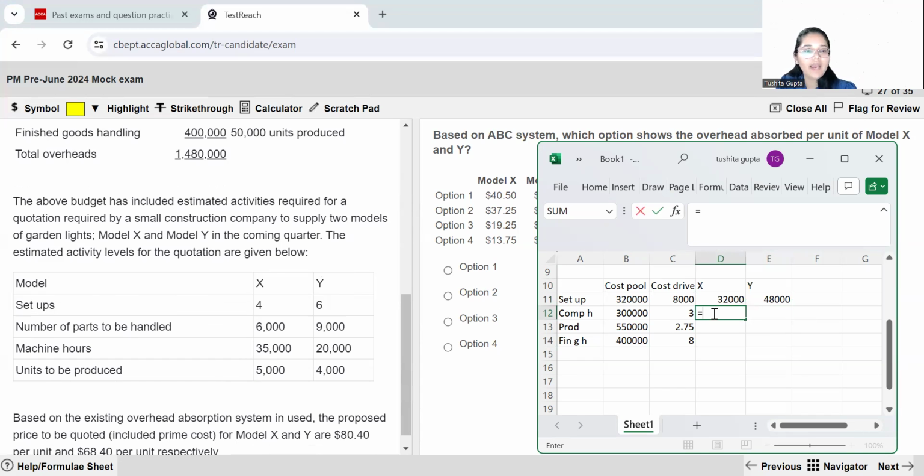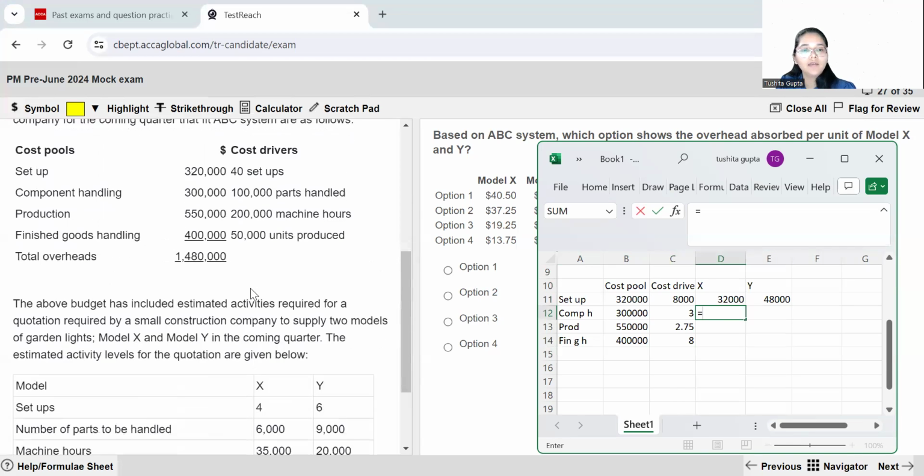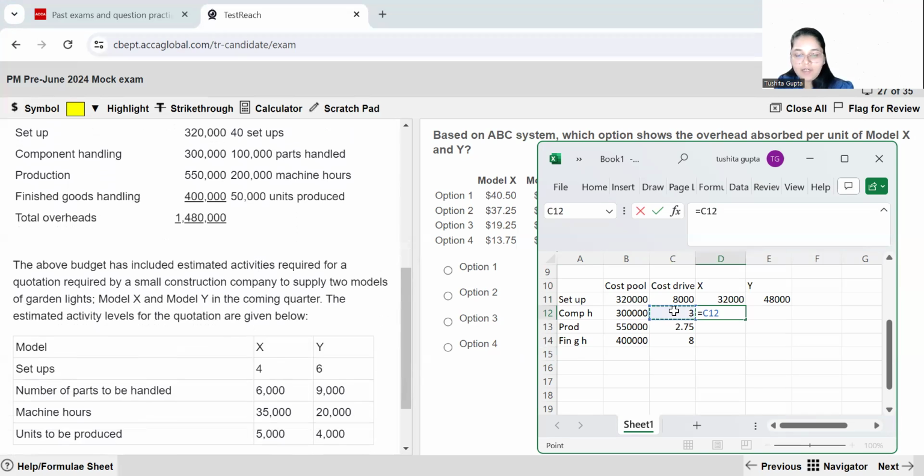Similarly, for component handling, per part it is $3 and with product X I'm handling 6,000. Over here again the rate per part is the same, and then I'm handling 9,000.